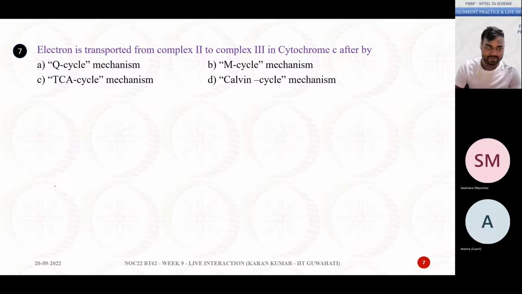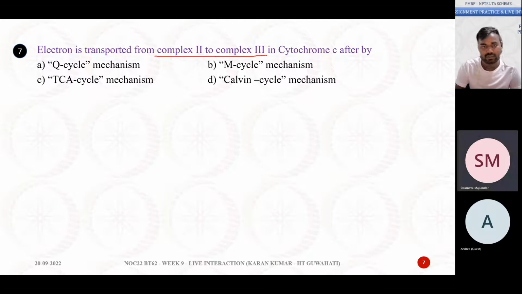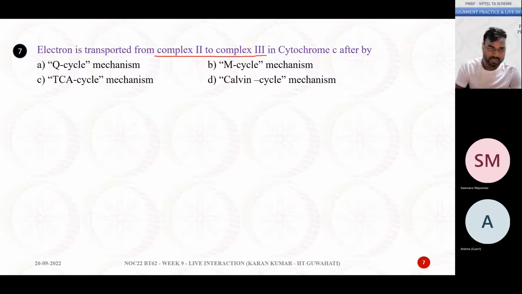Are you sure about it? From complex 2 to complex 3. What are these complexes 1, 2, 3, 4? Exactly, I can't recall the name right now. Okay, so what is the correct answer regarding the TCA cycle mechanism?